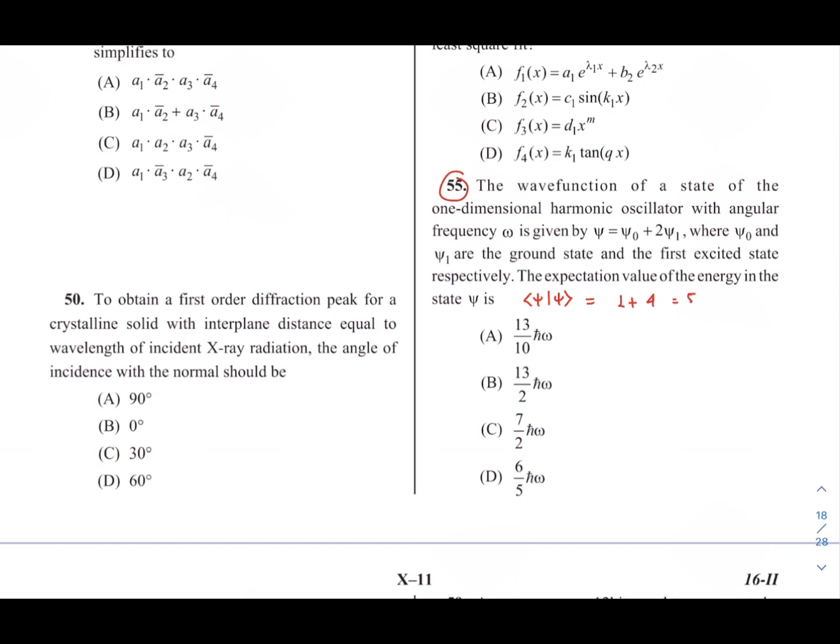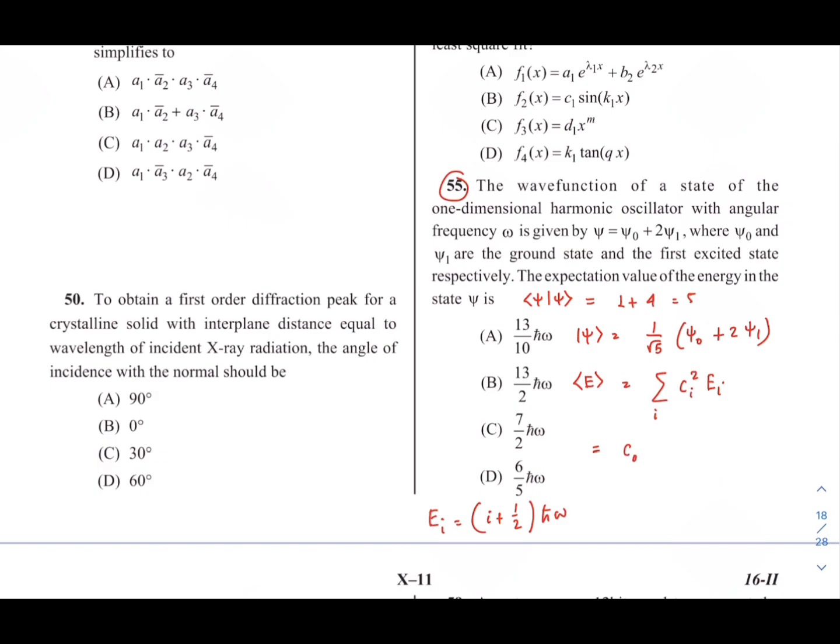So the normalized wave function psi is given by 1 by square root of 5 times psi naught plus 2 psi 1. Now the expectation value can be calculated as sum of Ci squared, since these are real, times Ei. We know the energy eigenvalues for the harmonic oscillator is n plus half h bar omega. So let us calculate that.